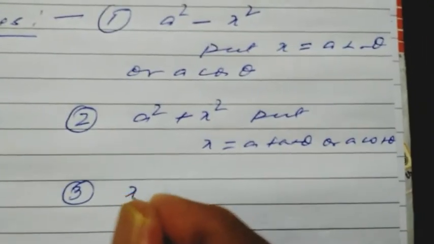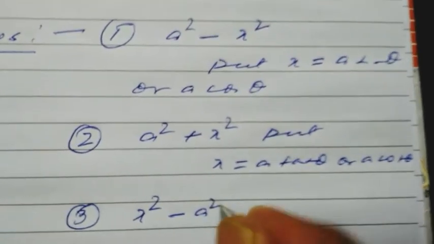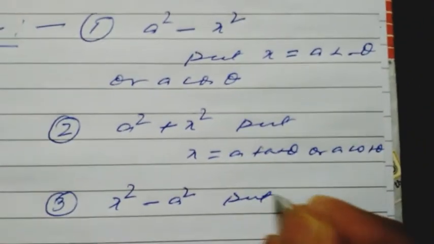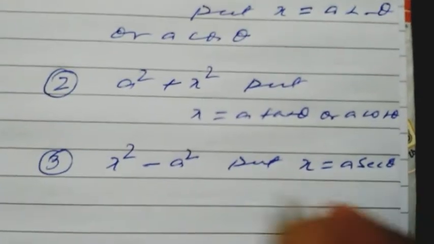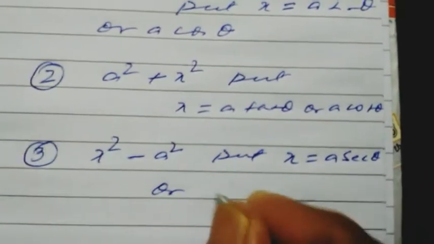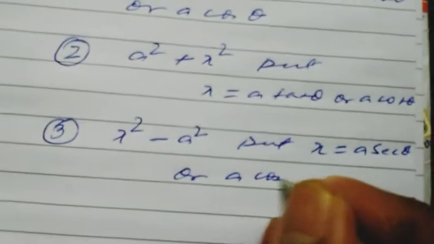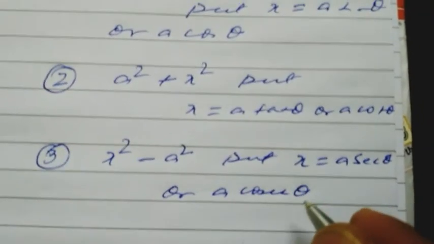Third, if you are having x square minus a square, put x is equal to a sec theta or a cosec theta.